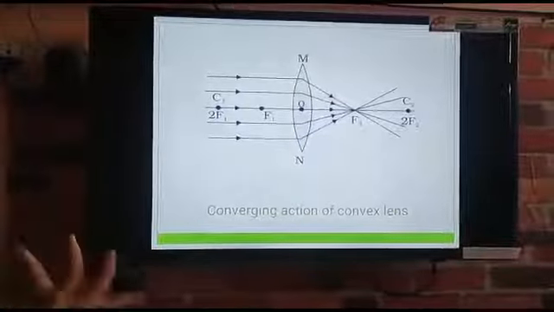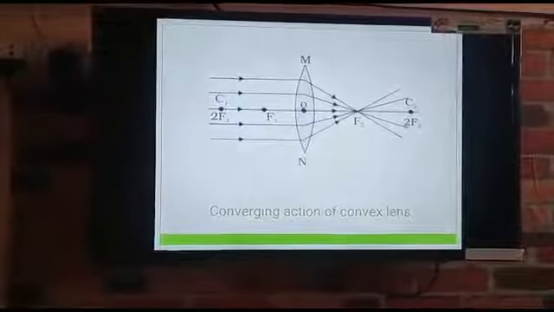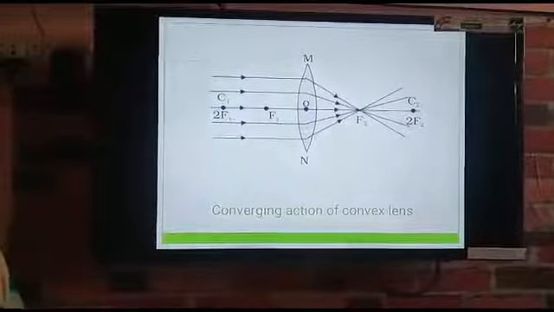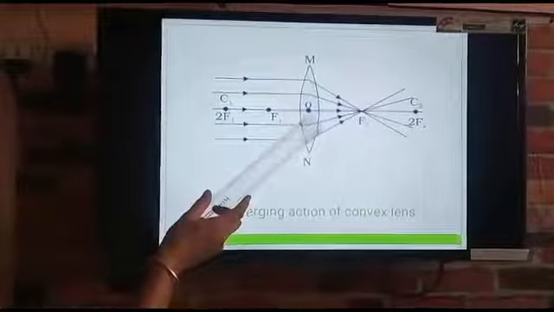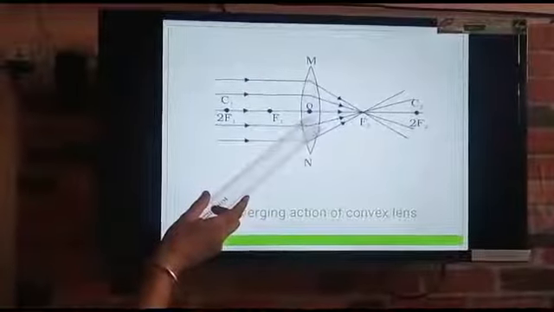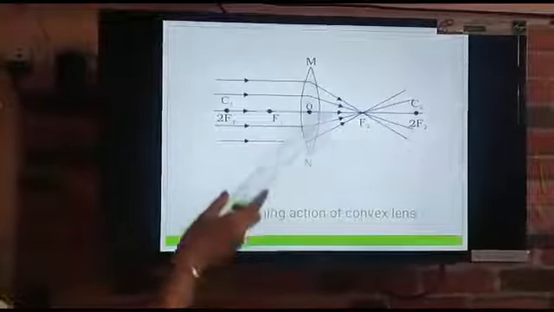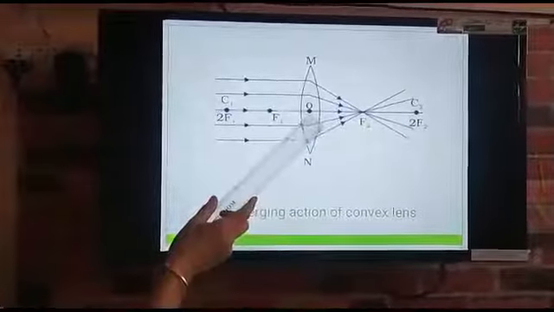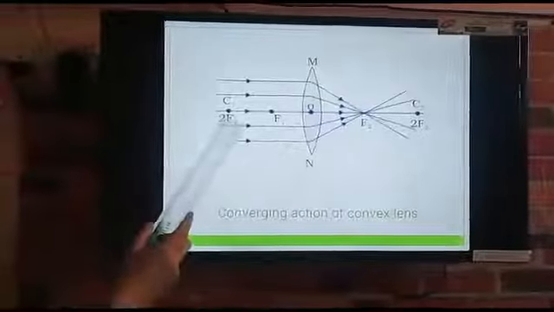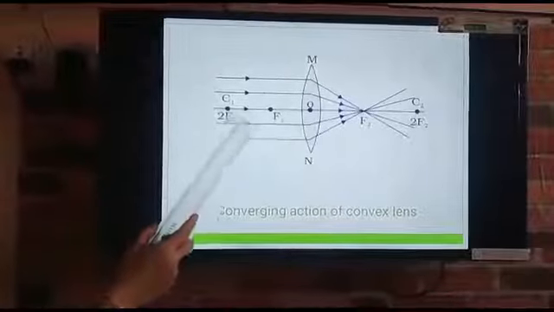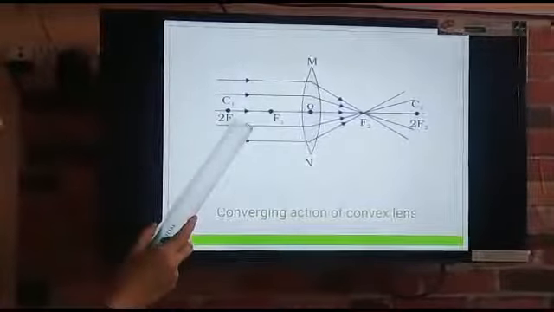There are specific terms we need to discuss before we start with the ray diagrams. Here you can see O, the optical center. The center of the lens is known as the optical center. The line which is passing through the optical center is the principal axis. We will place the object on this principal axis.